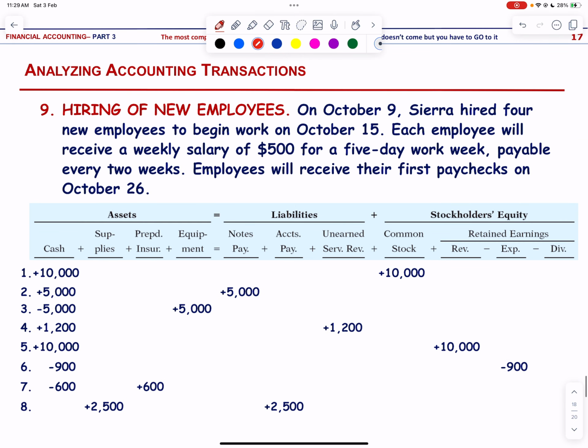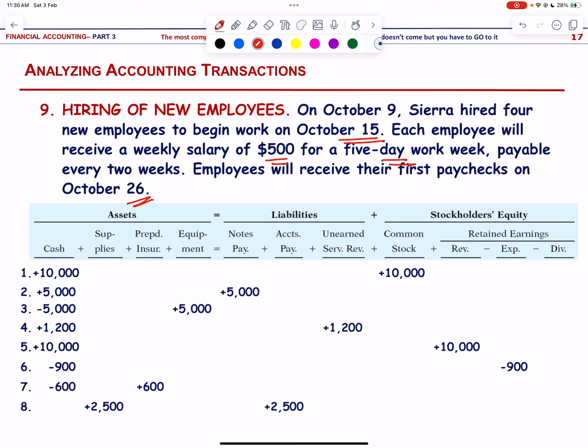Then hiring of new employees on October 9. Syra hired 4 new employees to begin work on October 15. Each employee will receive a weekly salary of 500 for a 5-day work week, payable every 2 weeks. Employees will receive their first paycheck on October 26.